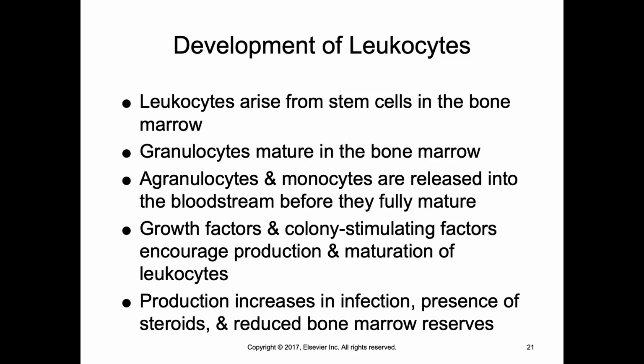One of the things that we should note about this is that the lymphocyte population has a very particular sequence of events, right? The B lymphocytes, and monocytes, and granulocytes all mature in bone marrow, right?